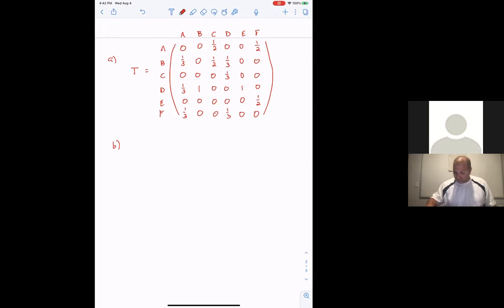I'm going to edit. I'm going to use matrix J, a 6 by 6 matrix. 0, 0.5, 0, 0.5, 1/3, 0, 0.5, 1/3, 0, 0, 0, 0, 0, 1/3, 0, 0, fourth row, 1/3, 1, 0, 0, 1, 0, 1, 2, 3, 4, 5 zeros and a 0.5, and then a 1/3, 0, 0, 1/3, 0, and 0.